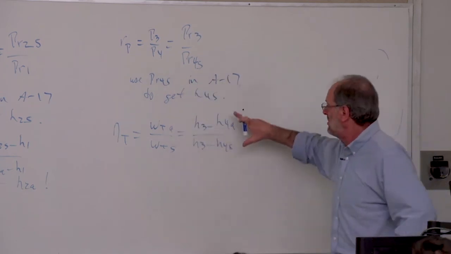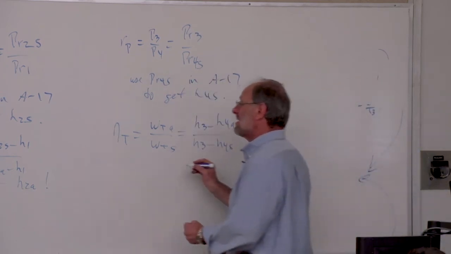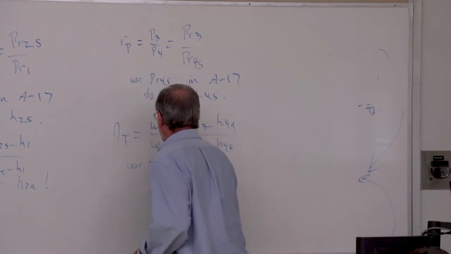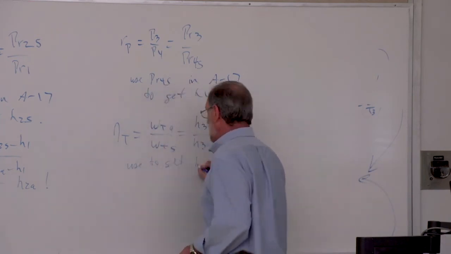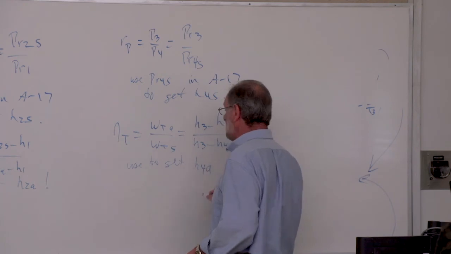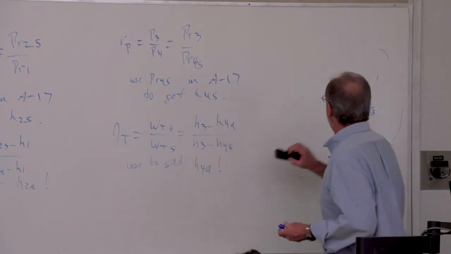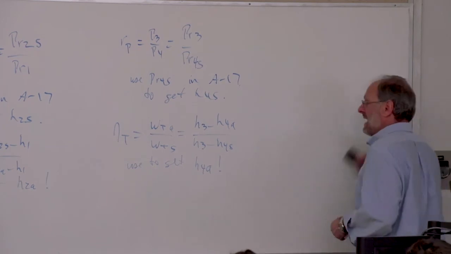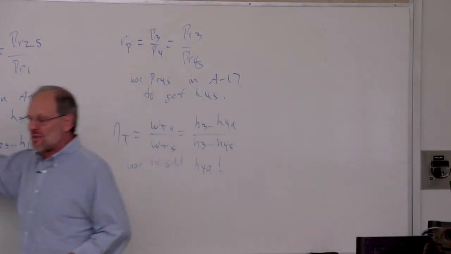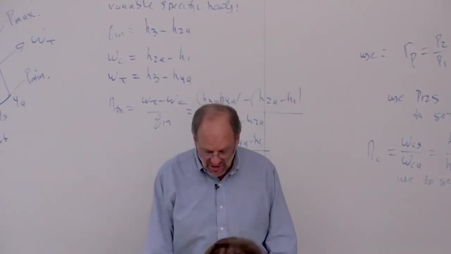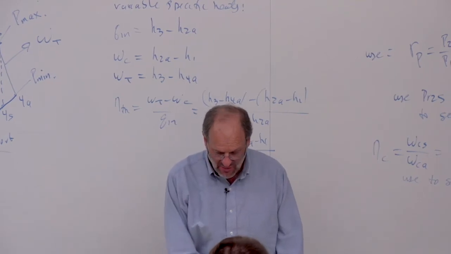There's only one unknown, which is the actual enthalpy coming out of that turbine. So we use this in order to get H4A. Okay. So now we have all of our enthalpies, and we can now find the thermodynamic efficiency, or really any other data or properties that we need.